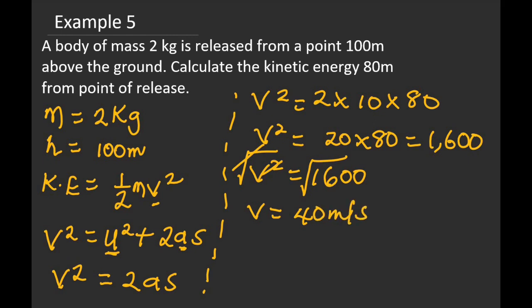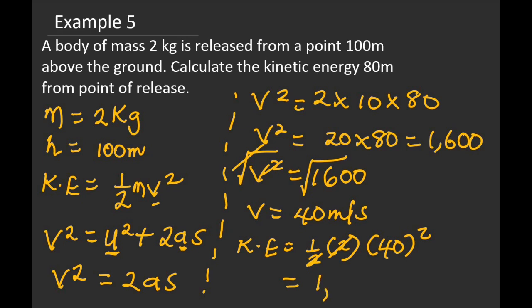Now that I know the value of v, I can find the kinetic energy, which is 1 over 2, m is 2, v squared, 40 squared. 2 cancels 2, so kinetic energy is 40 squared, 1600 joules. This is just an application of the kinetic energy.